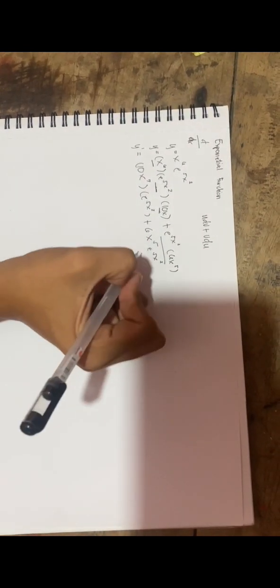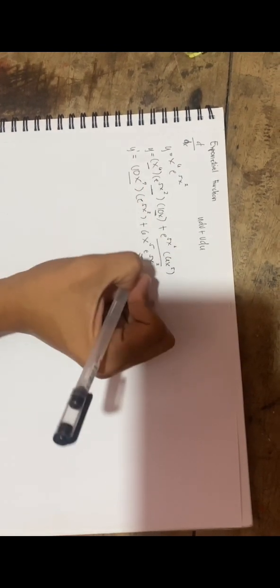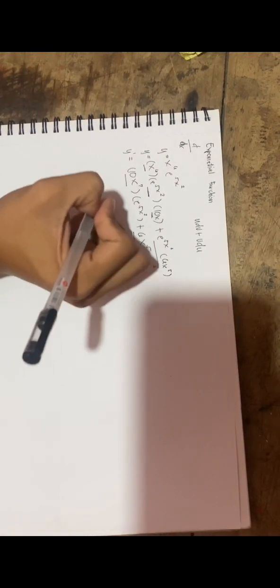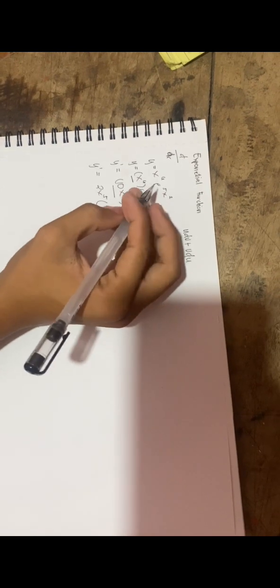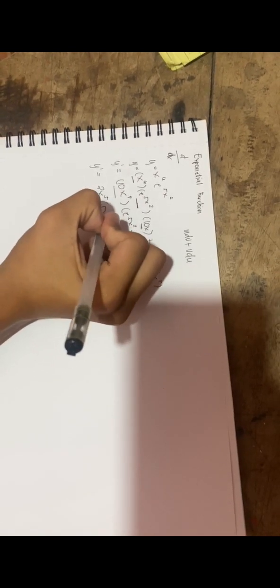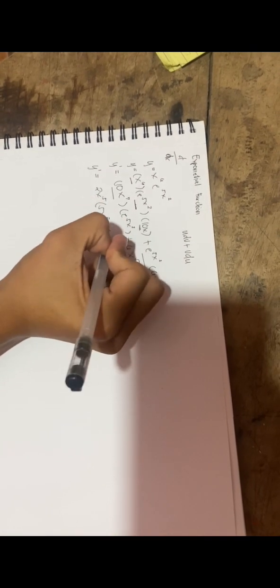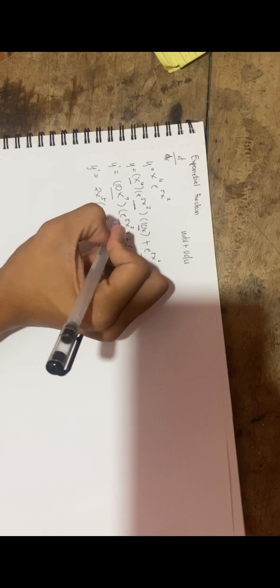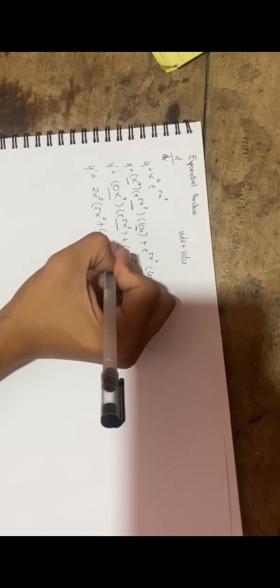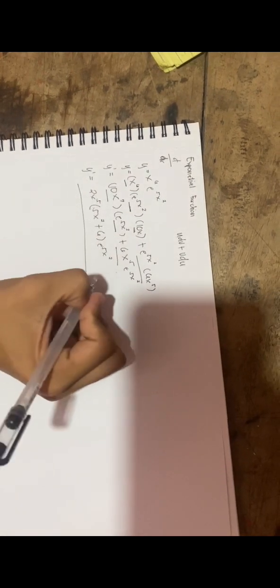Then let us find the factors of these given numbers. y prime is equal to 2x raised to 5 quantity 5x raised to 2 plus 6. Then copy e raised to 5x squared. And this is our final answer.